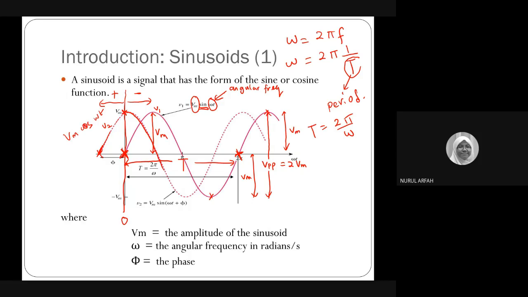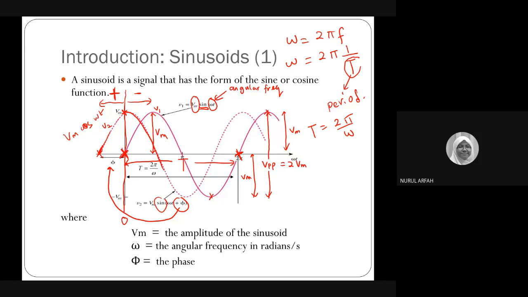This is a cos. But if you want to relate it with a sine here, then this plus theta here is actually on the left side. That's why I put it as a plus here.